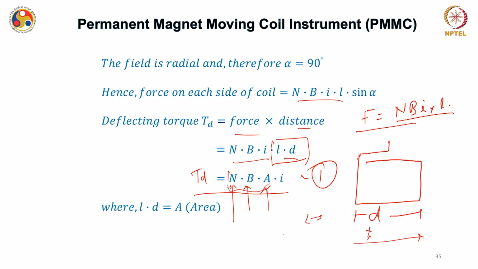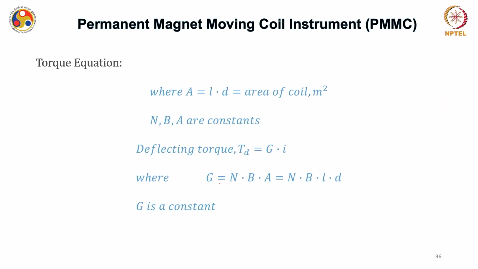Okay, so all these things are constant. We have also seen this in the case of the galvanometer. Okay, and you can replace this with a constant, say I am calling this G, to have homogeneity between the galvanometer and this PMMC tool. So the deflecting torque can be simply written as TD equal to G into I. I am calling this equation 2.